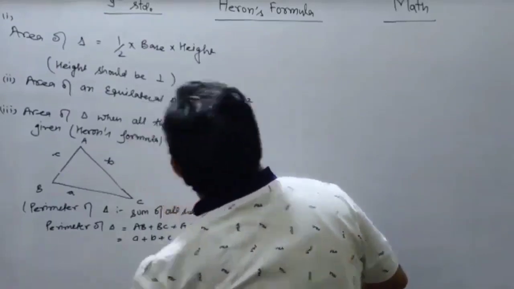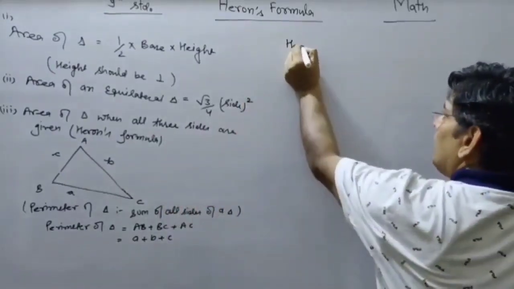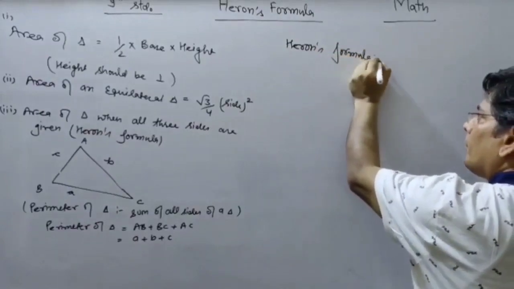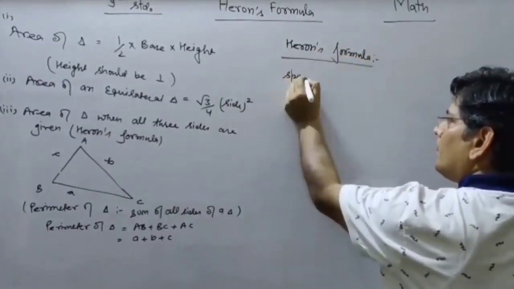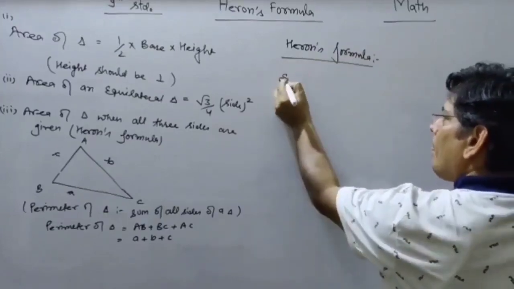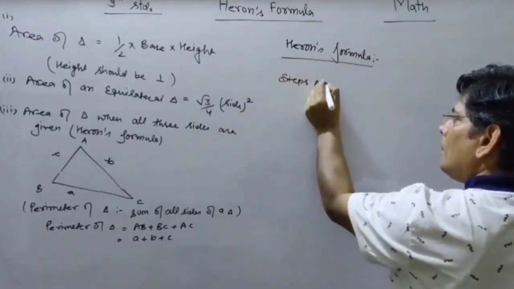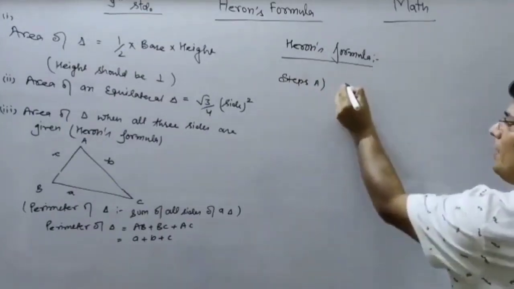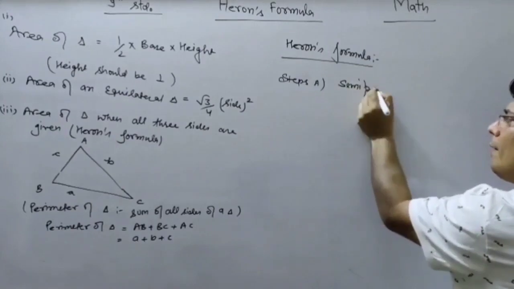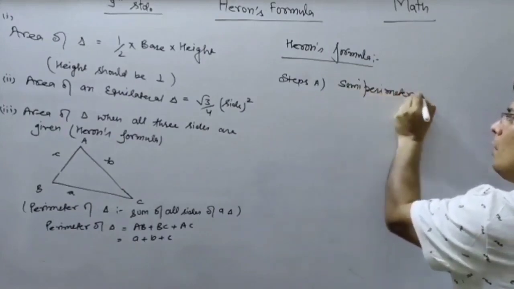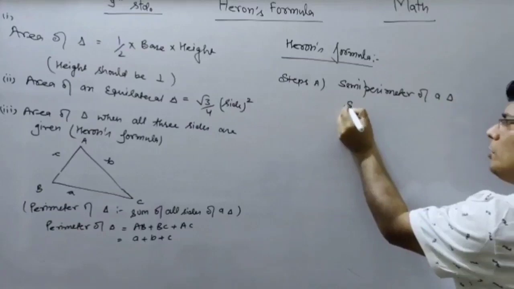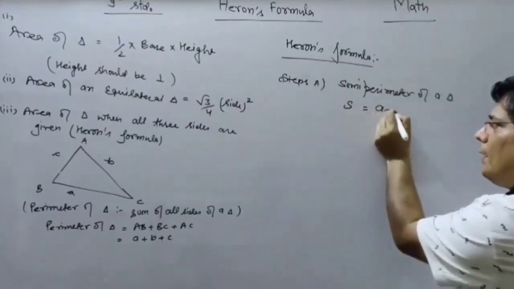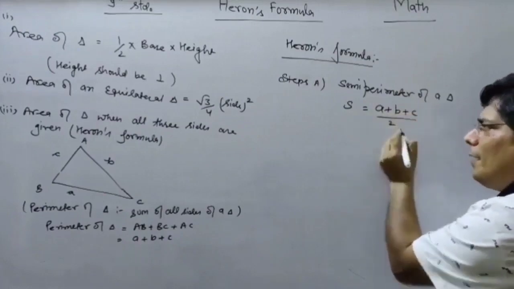Now when we start Heron's formula, first of all we have to follow steps. The first step is to find the semi-perimeter of a triangle, which is denoted by S. This S means a plus b plus c divided by 2.